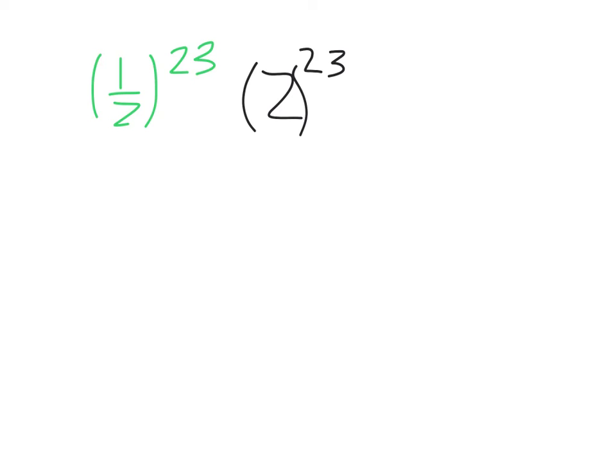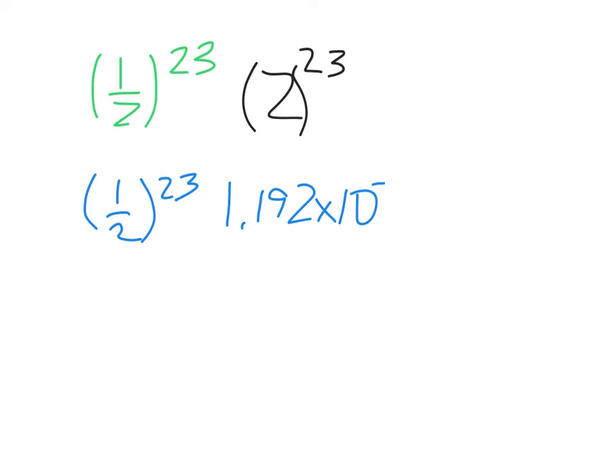I did 1/2 to the 23rd power, and I got 1.192 times 10 to the -7. Probability. So that's the probability, which is a really small number.